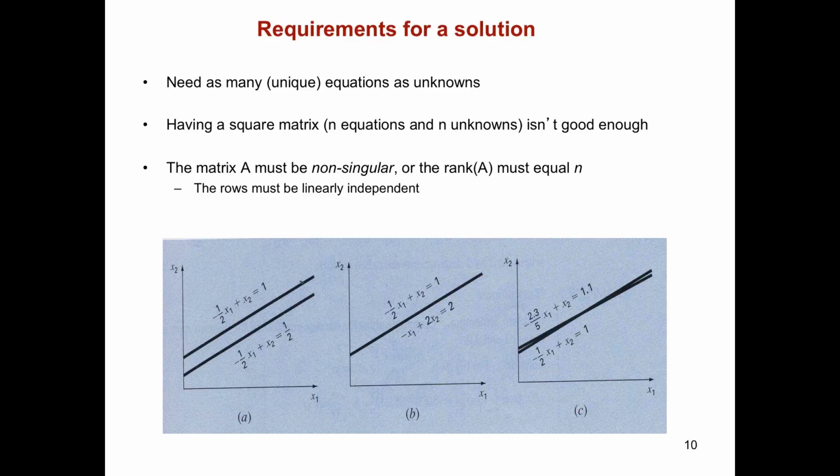So if I have in 2D 2 parallel lines, there will be no solution. Those 2 equations could collapse into one, that's called linearly dependent. They're essentially multiples of each other. Or if I simply add up 2 equations together, that's not new information.